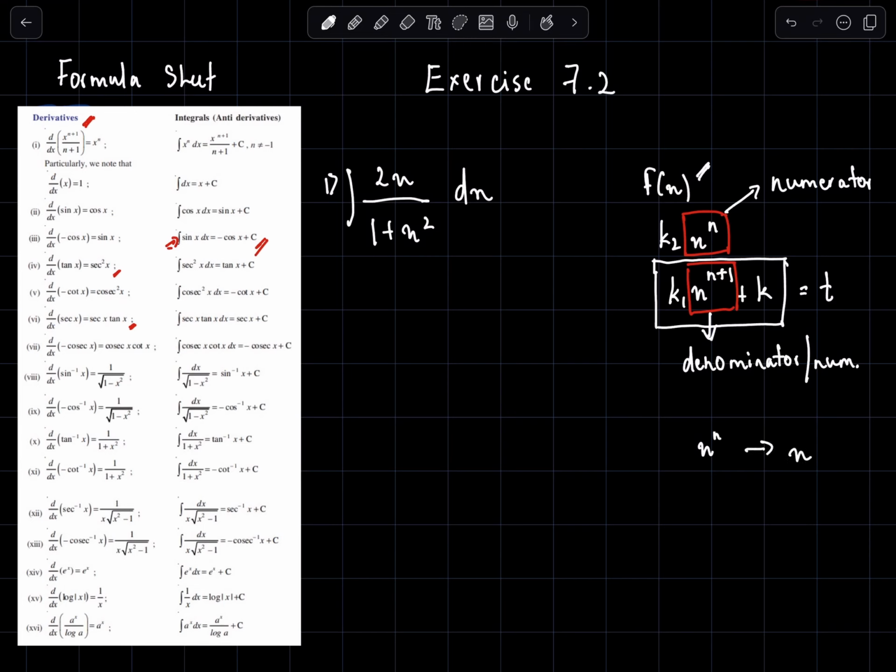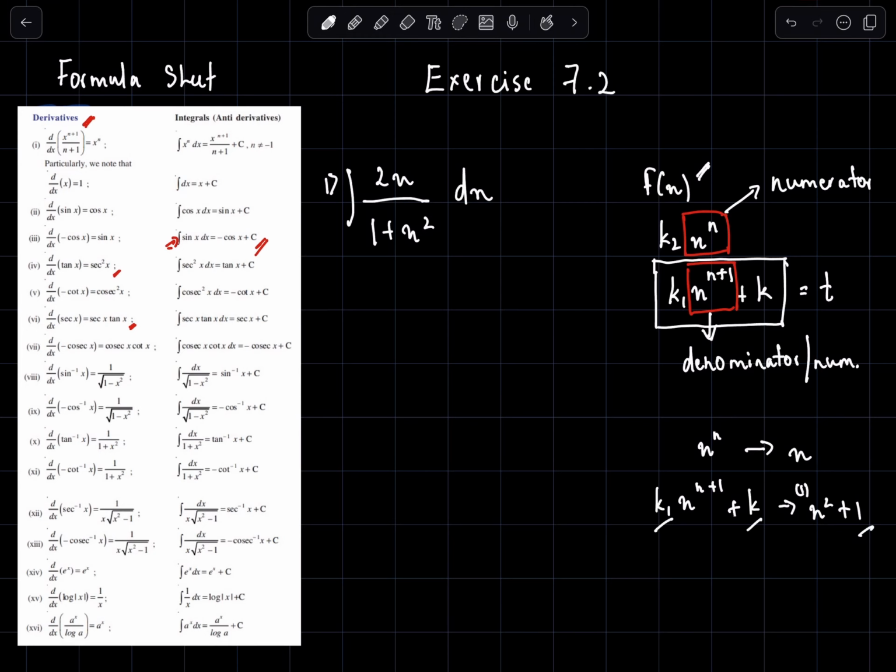We can see that. And what is your x to the power n plus 1? It is x squared plus 1, right? Your k is 1. Your k1 is also 1, so it's 1 times this.